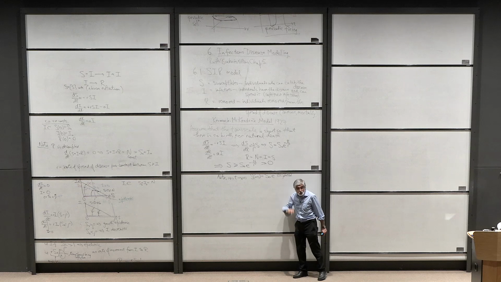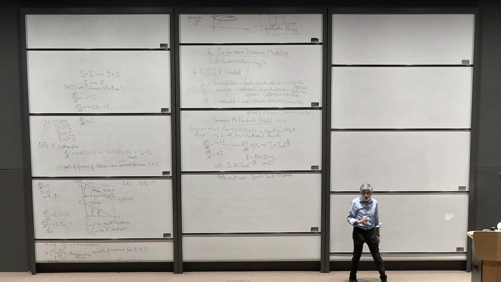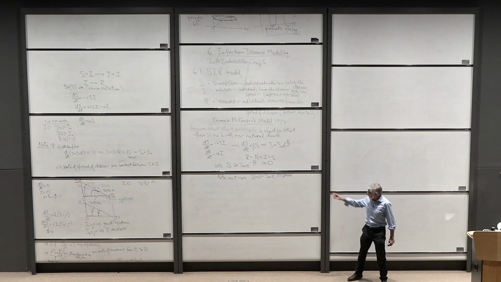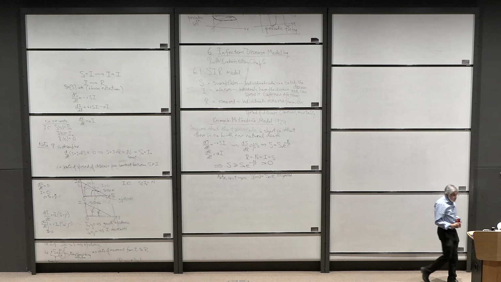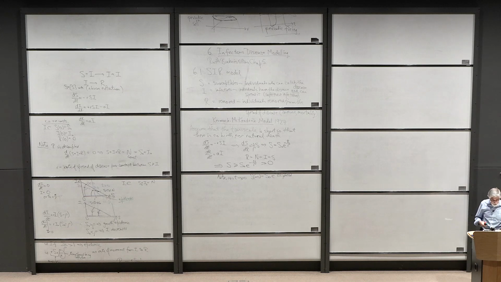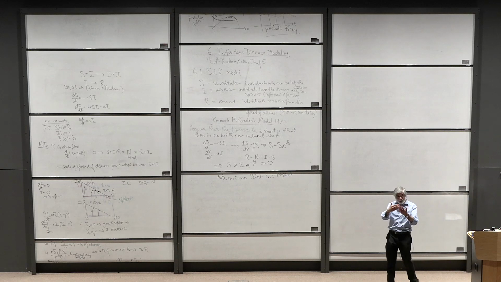And we can't solve that explicitly. We can only solve that graphically or numerically. So what we could do, and we'll not because it's beyond this course, is we could have a delay in infecteds.